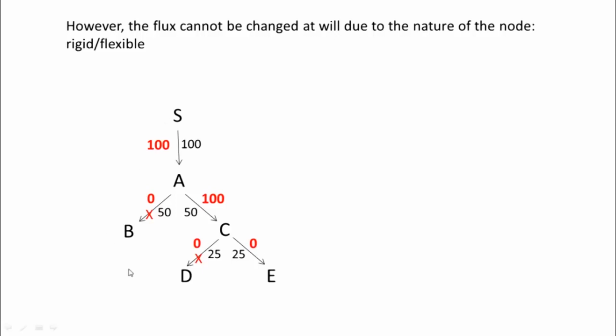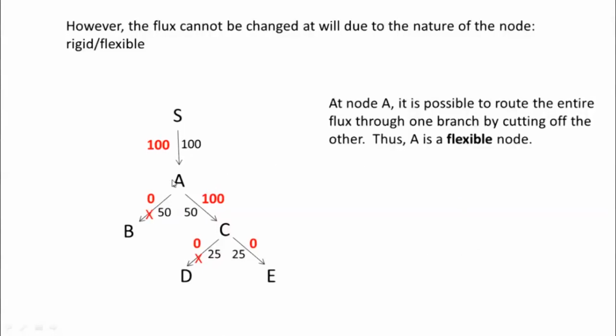Okay, let us say that this has happened. It's not easy to observe this, but let us say this has happened. If this has happened at the node A, it is possible to reroute the entire flux through one branch. Okay, let's say this is the desired branch. By cutting off this branch, we are able to reroute all the flux through this branch, and therefore this is a flexible node.